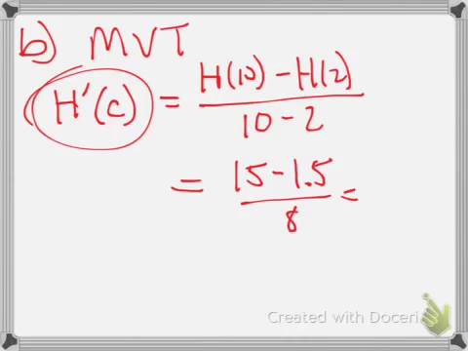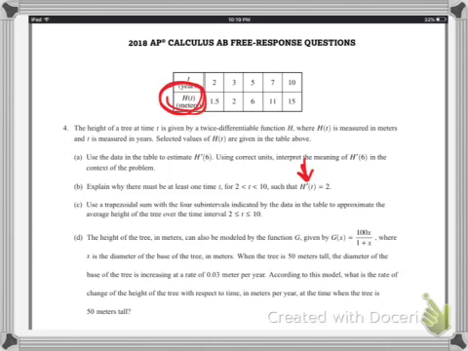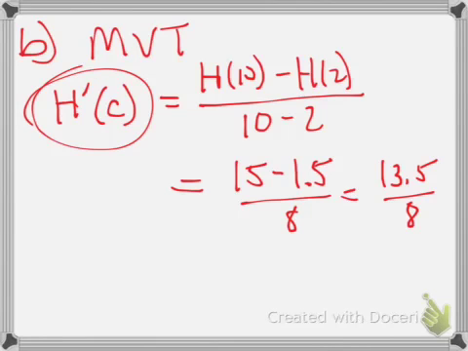That's going to be 13.5 over 8. And I even forgot the question here: explain why there must be at least one time where h prime is equal to 2. Well, we didn't get 2 there, so let me go check my numbers one more time and see if I went wrong somewhere. No, my numbers are correct.